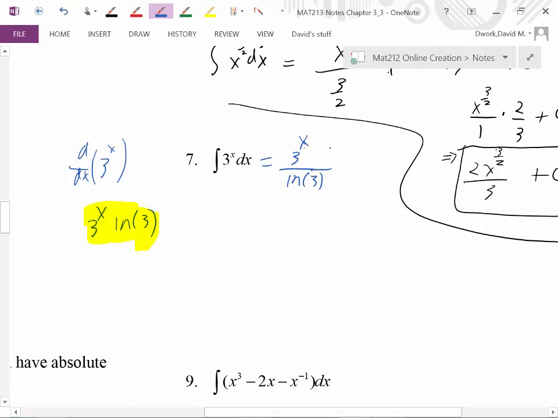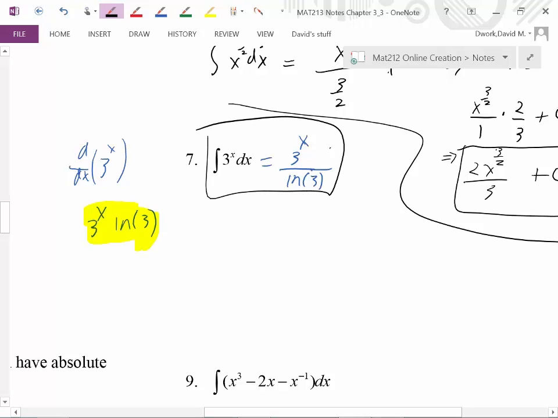The derivative of 3 to the x is 3 to the x natural log of 3 all divided by natural log of 3. Give me back what I started. So there we go. That looks good. So there's another derivative rule. Integration rule.